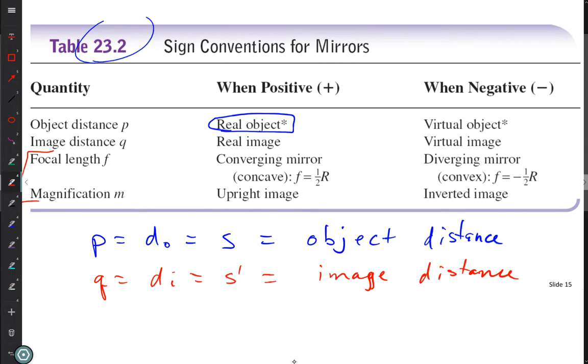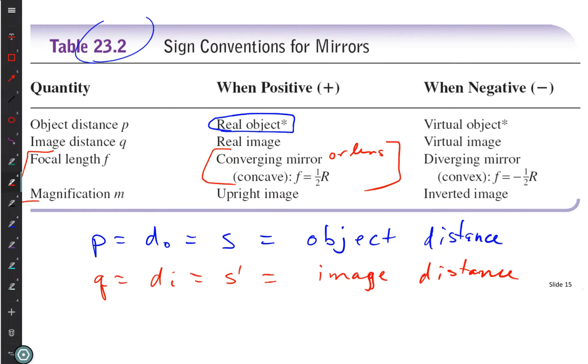And if I have a converging lens or mirror, it's going to have a positive focal length. So if parallel rays come together and meet, it's a positive focal length. If they spread apart, if they diverge and don't meet, then it's going to be negative.